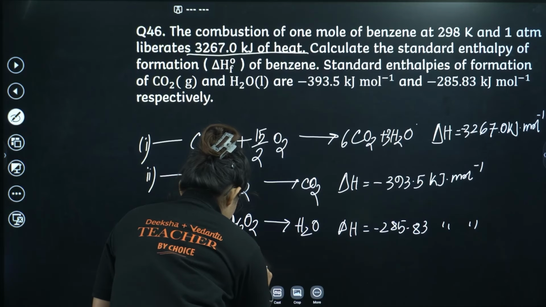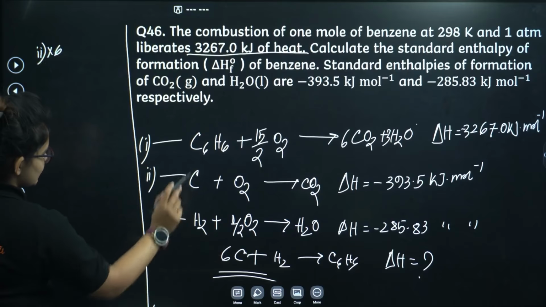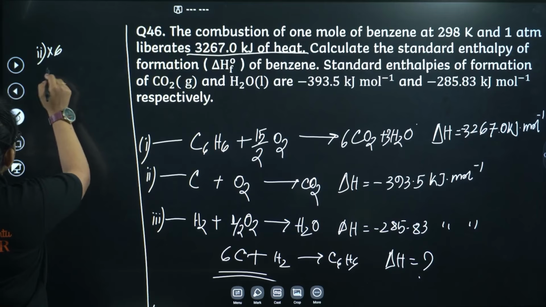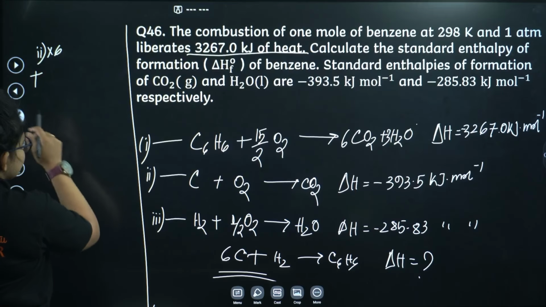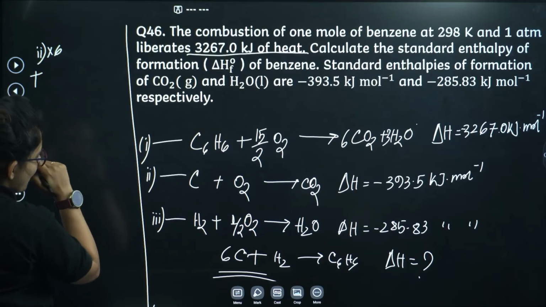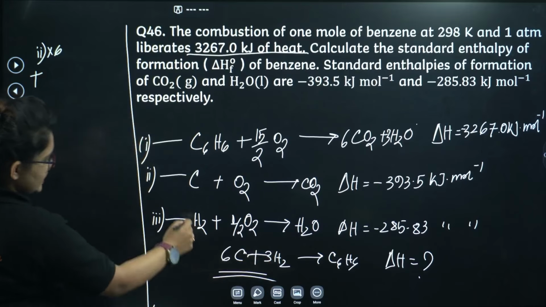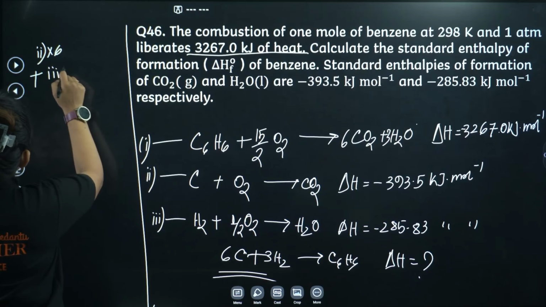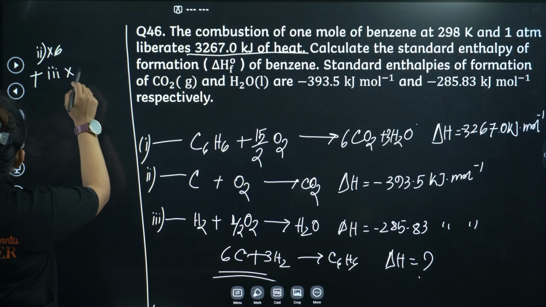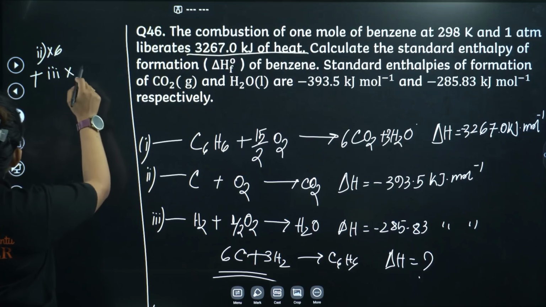So I have to arrange these three equations in such a way that I get the final one. What I am doing, you can see, is equation 2 into 6 because I need 6 carbon, plus, here also I need 3 hydrogen, so equation 3 into 3.